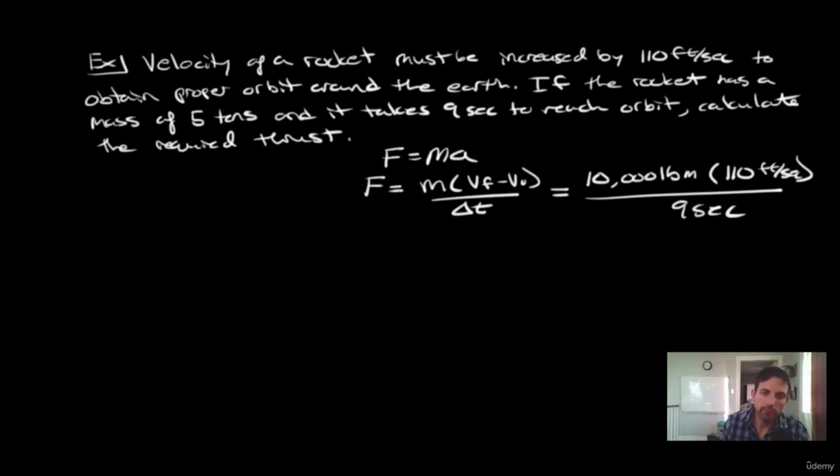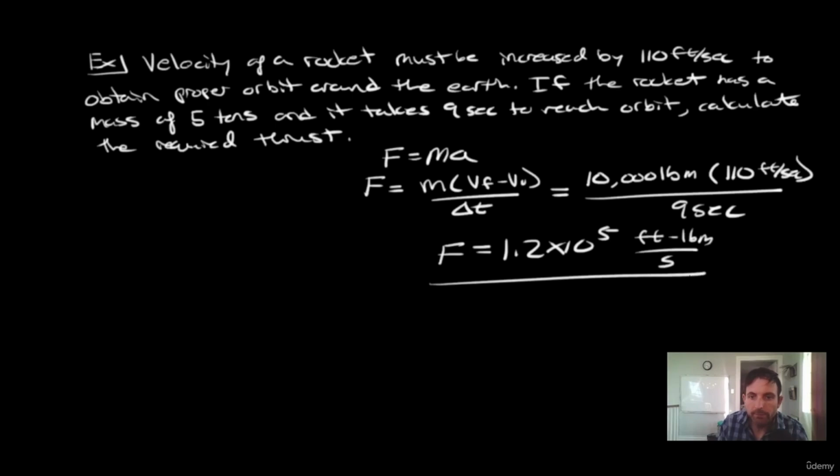We are trying to find this force for the thrust. So this is a simple plug and chug sort of problem. The force is going to end up equaling 1.2 times 10 to the 5th foot-pound mass per second.